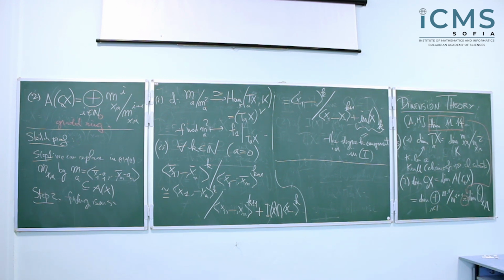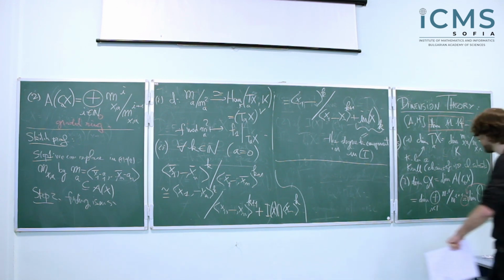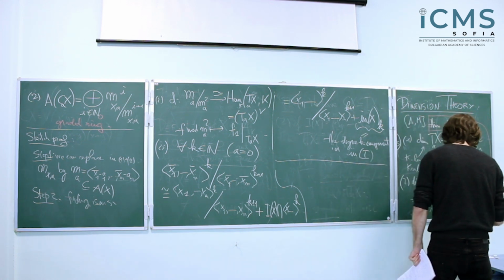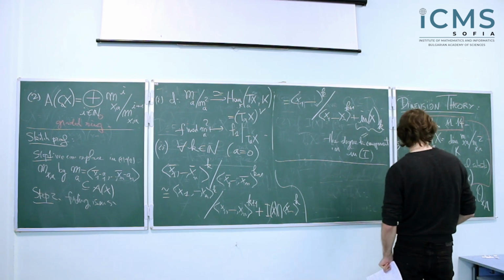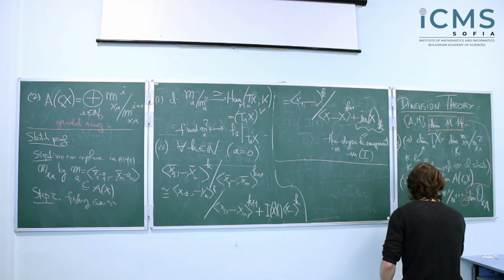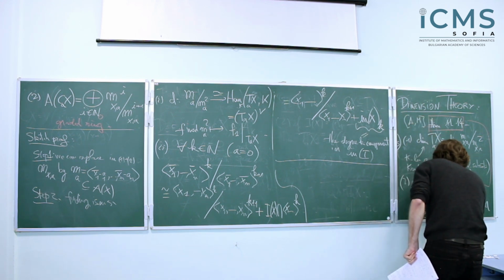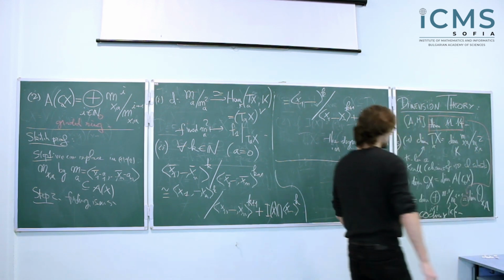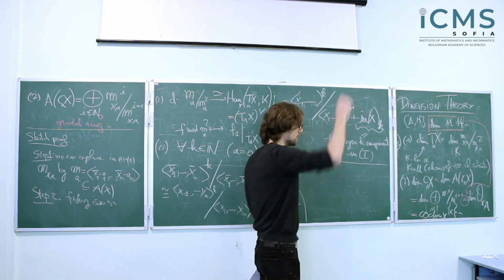We can also go a little bit further, and this is also defined as the codimension in X of the singleton A. So you single out the point A and you look at the codimension.